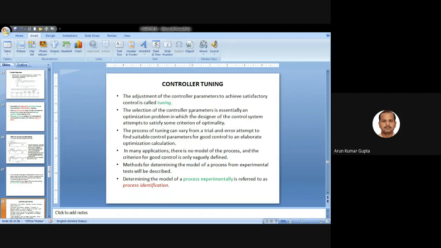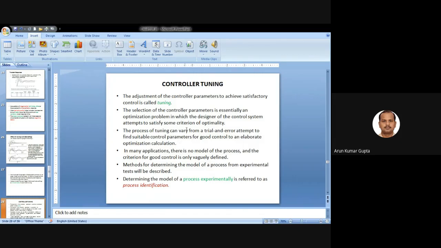The selection of the controller parameters is essentially an optimization problem in which the designer of the control system attempts to satisfy some criteria of optimality. The process of tuning can vary from trial and error attempts to find suitable controller parameters for good control, to elaborate optimization calculations.